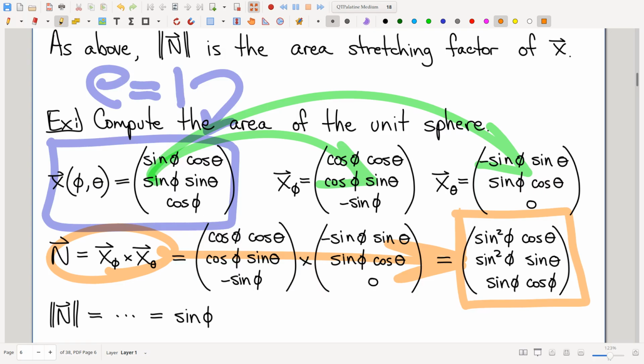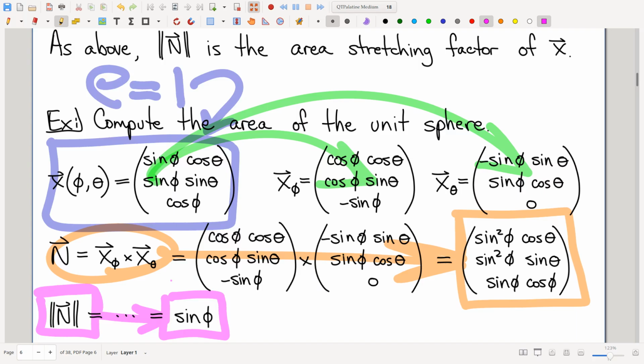And remember, the stretching factor is the magnitude of that cross product. And this is, I'm going to say, an unexpected result. Good unexpected. Look at this monster that we were dealing with. The cross product, the actual capital N vector, is not pretty.